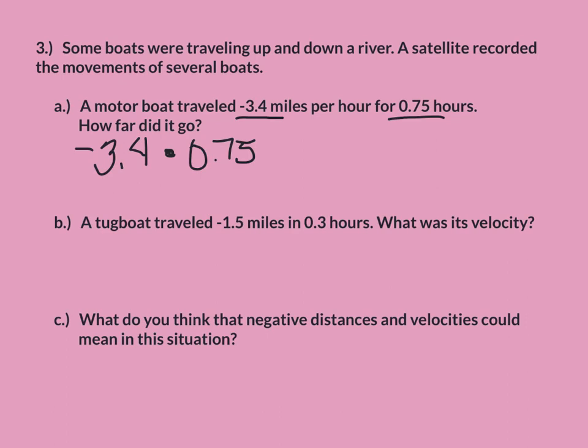Well, hopefully you remember how to multiply. Now I know some of you use the chart and some of you do it the more traditional way. It does not matter which way you do it. For now, I'm going to ignore my decimal places and simply do my multiplication. I like to do it like this.